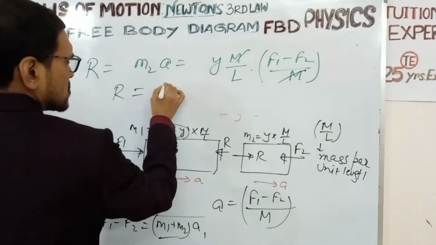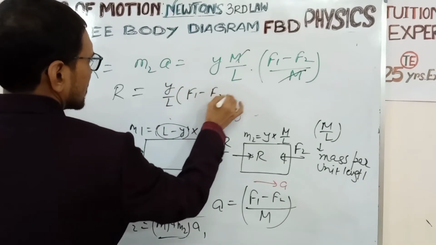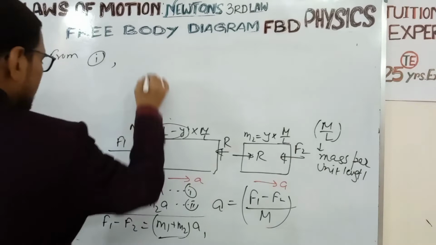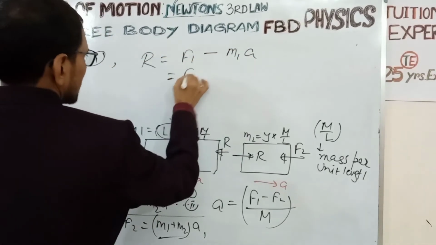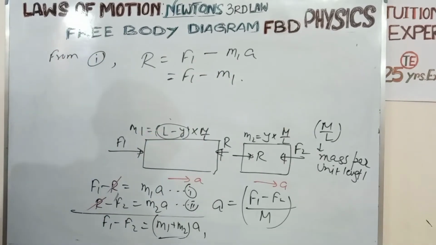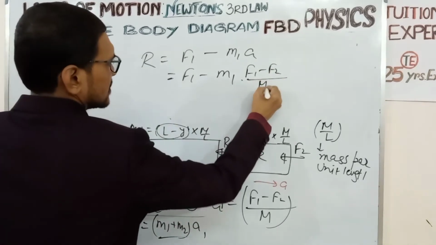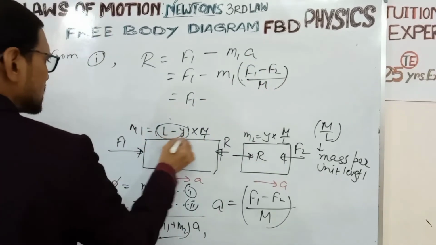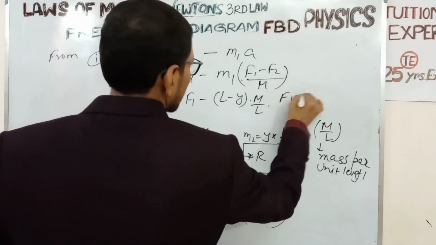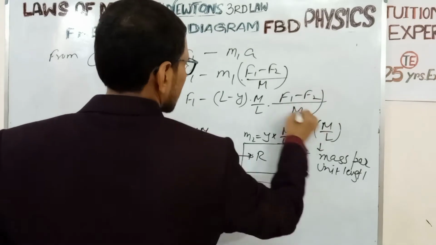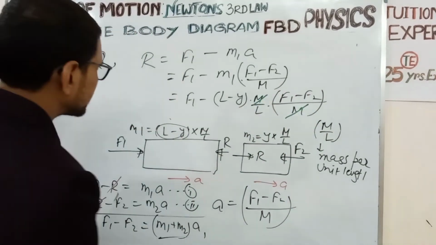So R equal to, from the first equation, we get R equal to F1 minus M1a. What is a? a equal to this. M1 equal to this, L minus y into M by L. So cancel from this, so we get this result.